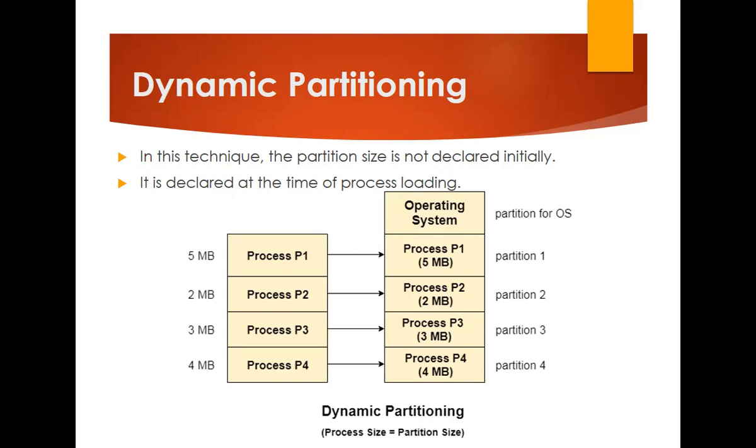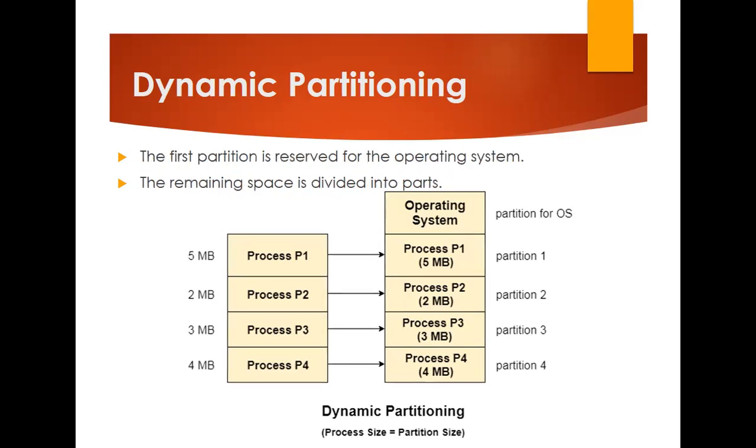In the beginning, it is not initially creating the partitions. According to the process size, it creates the partition of the same size. So it is declared at the time of process loading. When the process is loaded, the partition is declared.